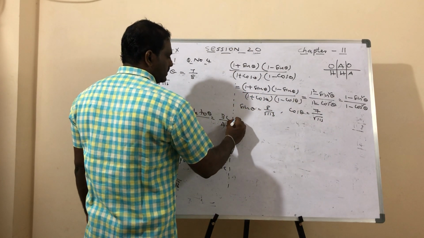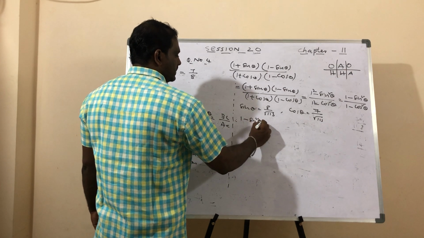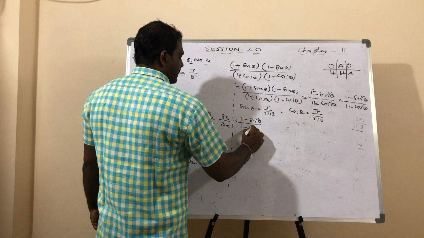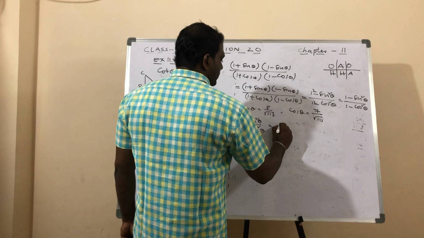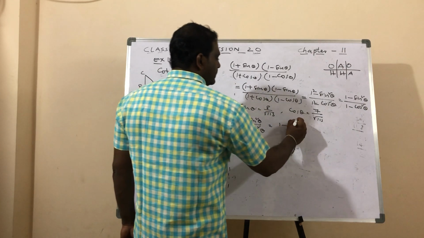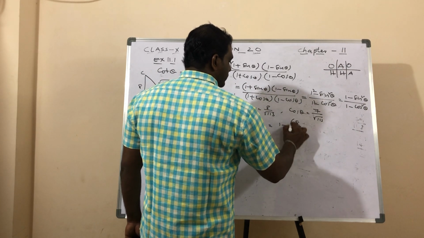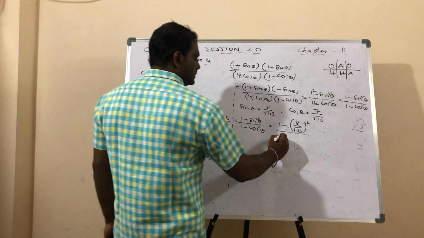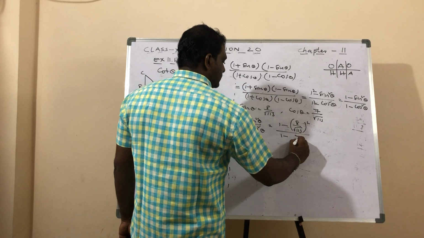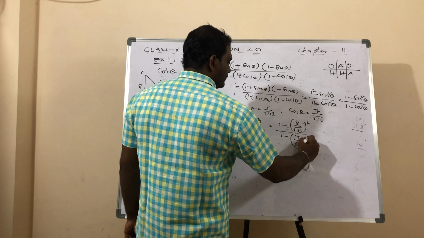So what we want is 1 minus sin square theta by 1 minus cos square theta. 1 minus 8 by square root of 113 whole square, by 1 minus 7 by square root of 113 whole square.